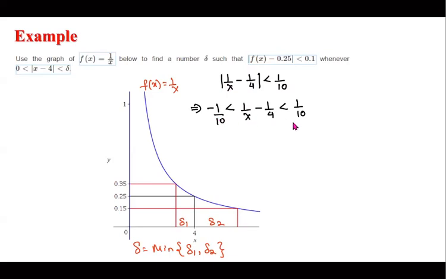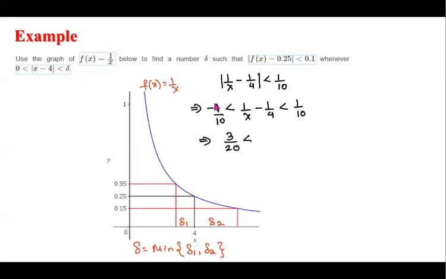Now, in order to find x, first we add 1/4 everywhere, to get rid of this one. So it will be 1 over 4 minus 1 over 10. 1/4 minus 1/10 is 3 over 20.